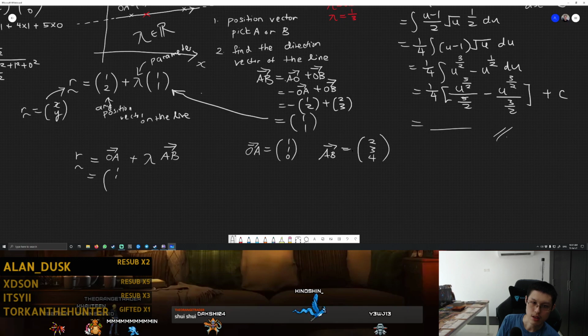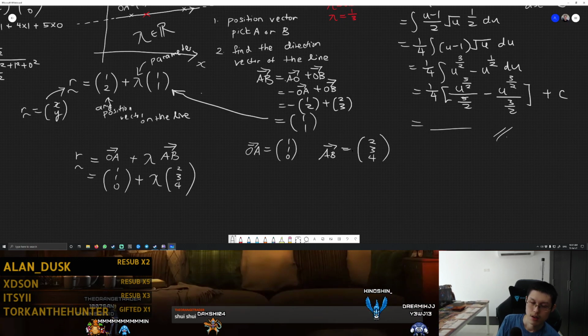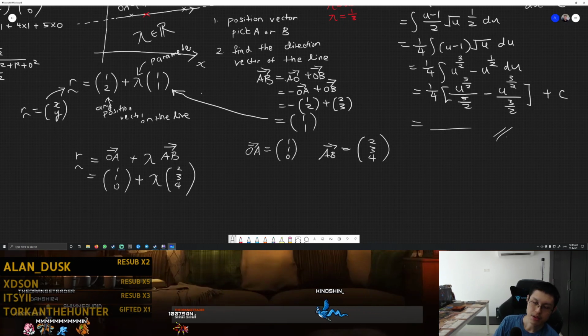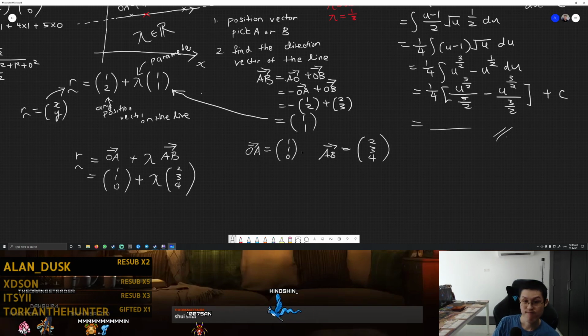Then it just looks like this. So that's pretty much the only difference between a two-dimensional vector equation and a three-dimensional vector equation. You just have more elements in the matrix. That's it.